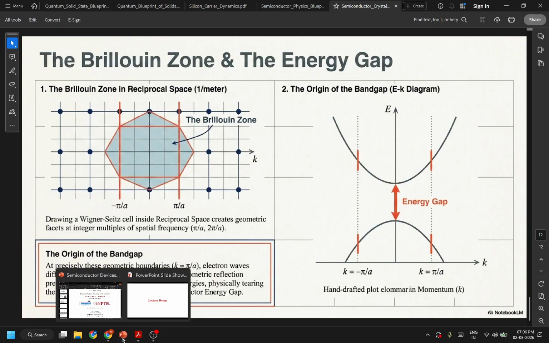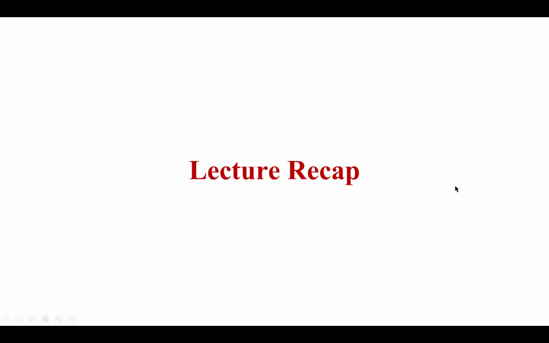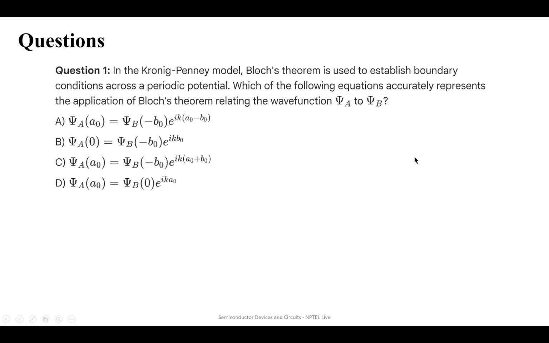So now we come back to our PPT, and we're giving you some practice questions. First question. In a Kronig-Penney model, Bloch's theorem is used to establish boundary conditions across a periodic potential. Which of the following equations accurately represents the application of Bloch's theorem relating the wave functions psi a to psi b?